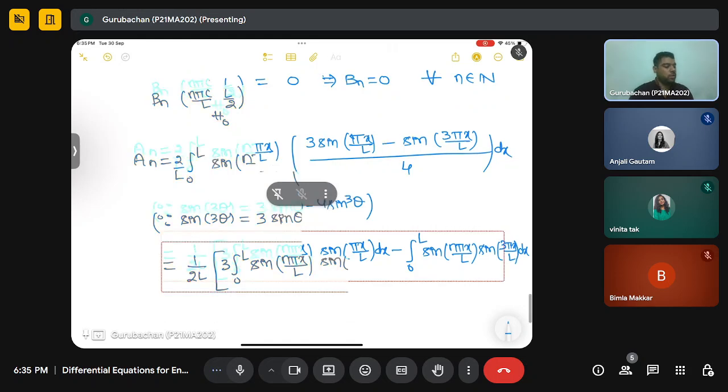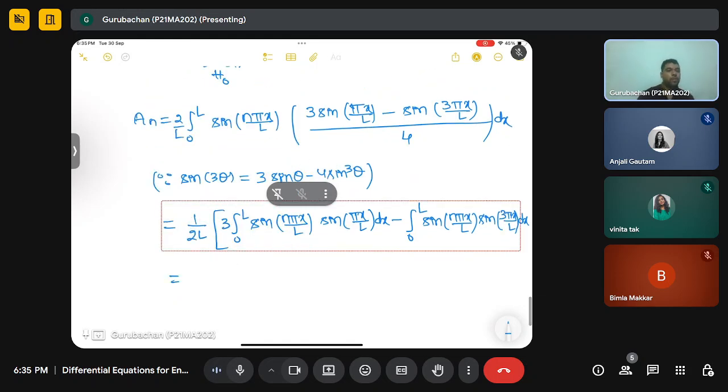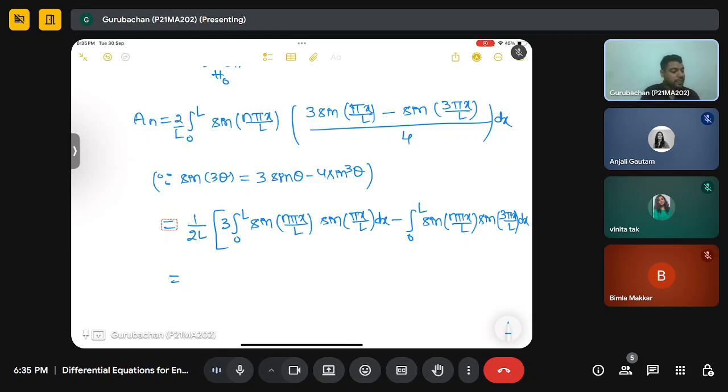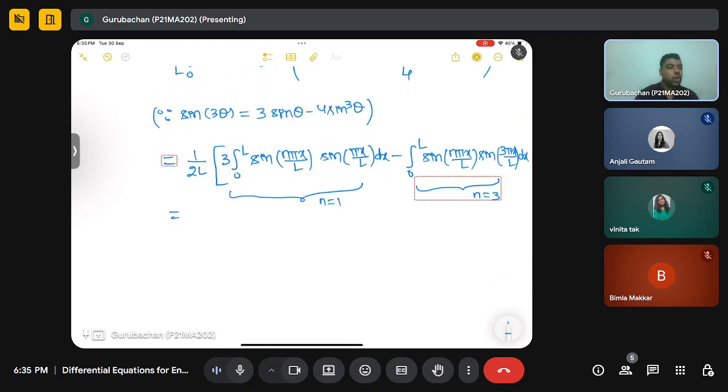Okay, so again by the orthogonal property, these two sine functions contribute only if, for the first integral, n is equal to 1, and the second integral will contribute only when n equal to 3, and otherwise these two integrals will not contribute anything.